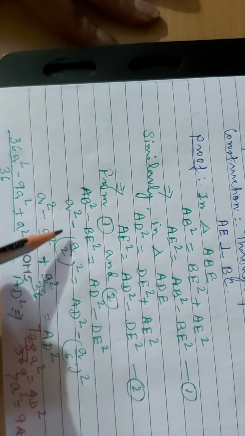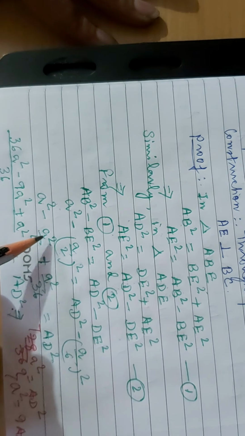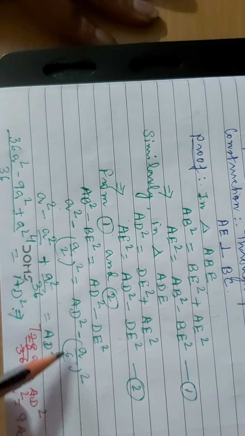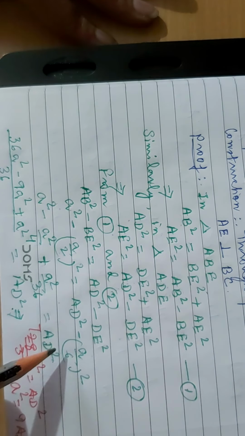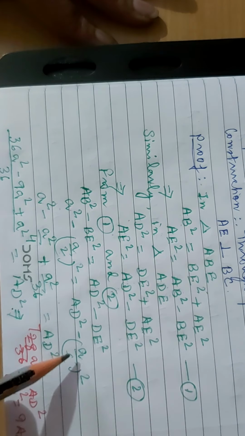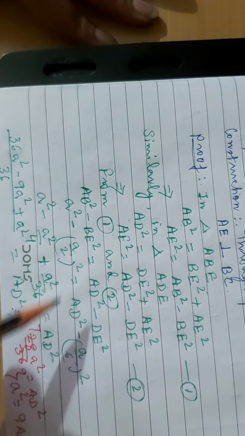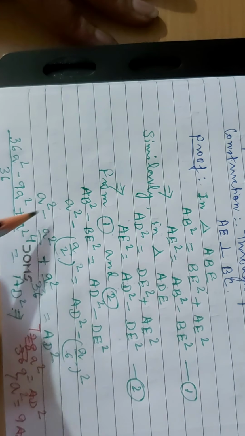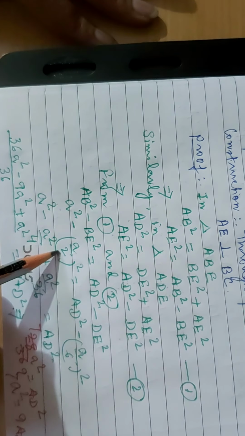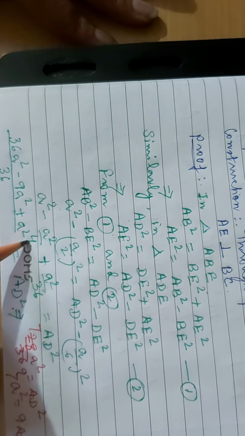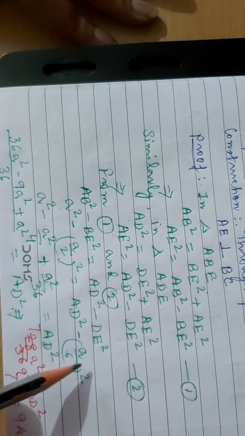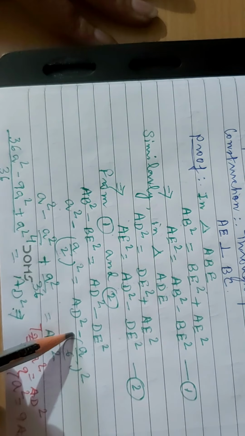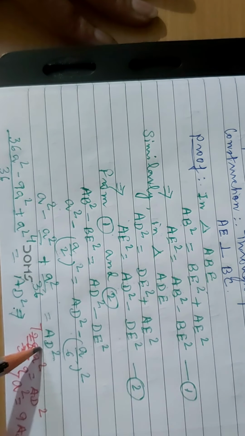Now A square minus A by 2 whole square will be equal to A square by 4, and this is A square by 36 if you square it. Transposing this to the left hand side, because we are going to write all the like terms on one side, we get A square minus A square by 4 plus A square by 36, and this whole thing is equal to AD square.